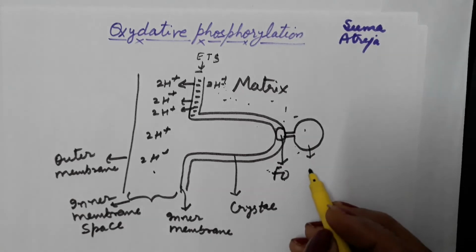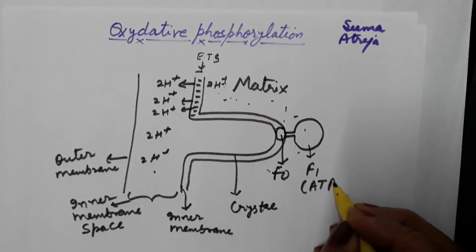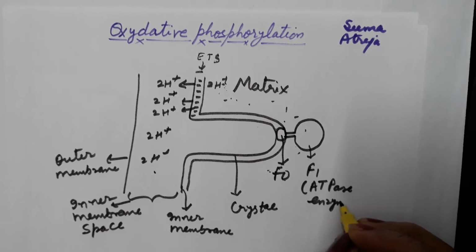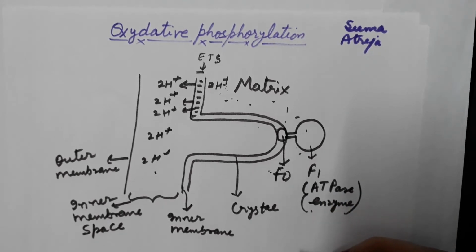This is known as the F1 headpiece, which acts as an ATPase enzyme, which helps in the formation of ATP as well as hydrolysis of ATP.